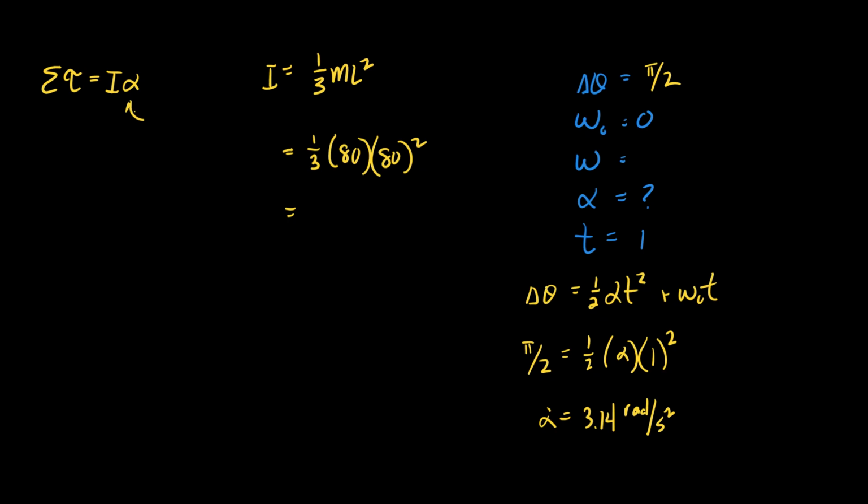Oh, it's 0.8. Sorry. My God, that's huge. That's a big door. So 0.8 there. That'll be better. 80 centimeters. So that's a little more reasonable. So 0.8 squared times 80 divided by 3, and I get 17 kilogram meter squared.